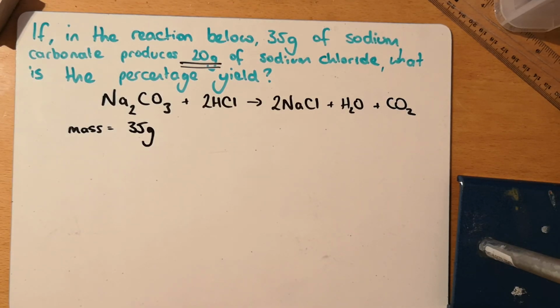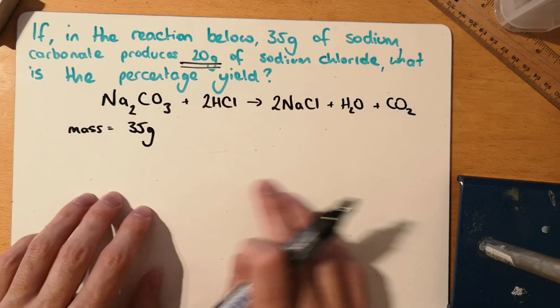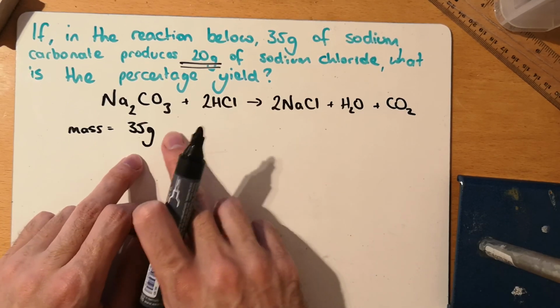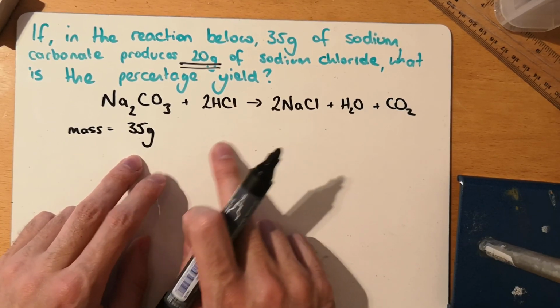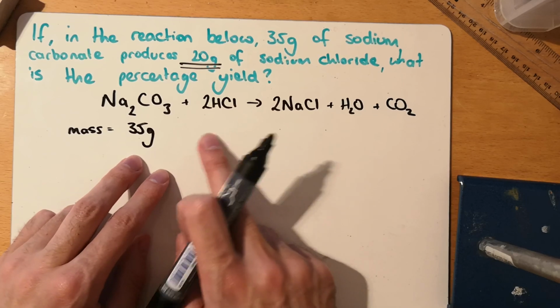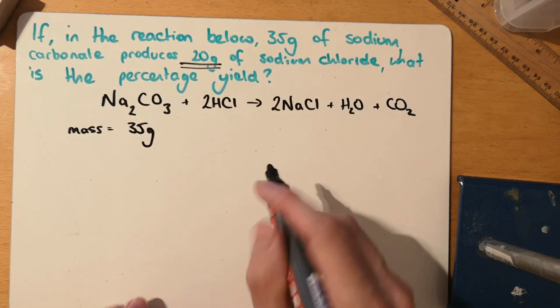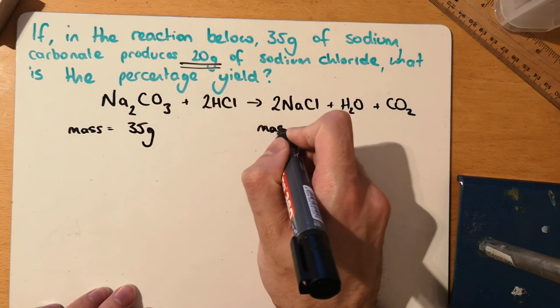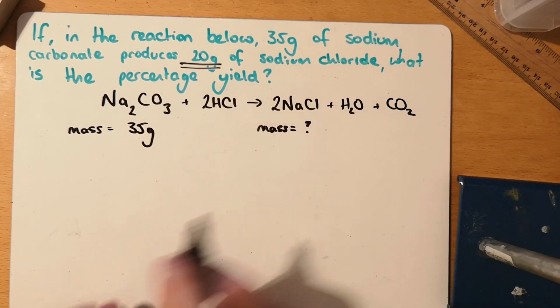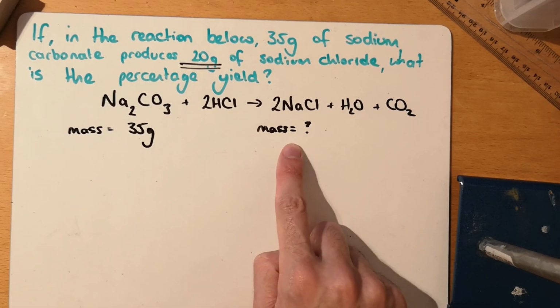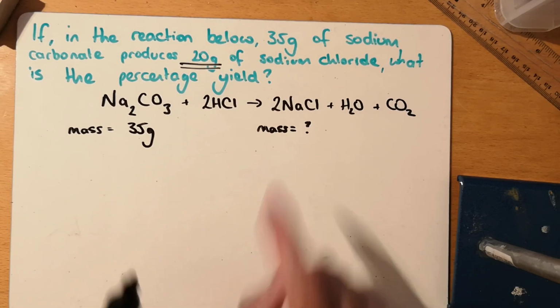And what theoretical yield would be is if we did this reaction perfectly, got all 35 grams of sodium carbonate to react with the equivalent number of moles of hydrochloric acid, how much sodium chloride would we make? So we're going to try and work out this mass. Just put a question mark for now. And that is our theoretical yield.